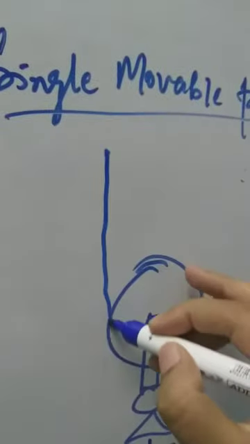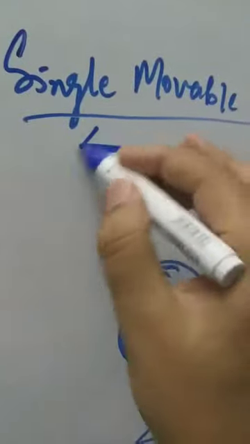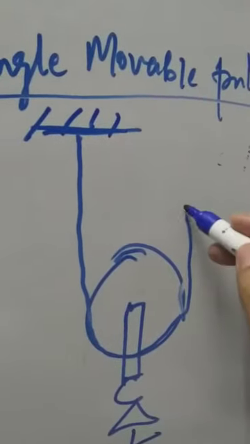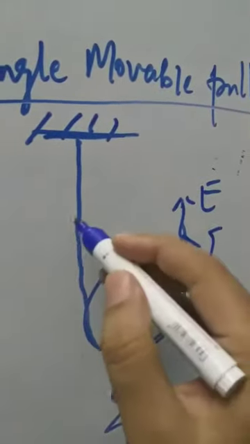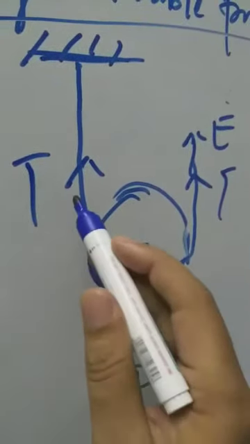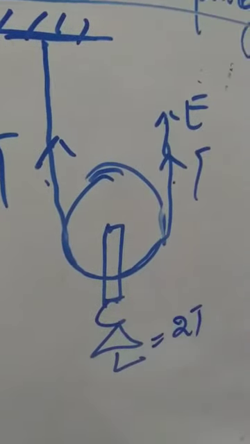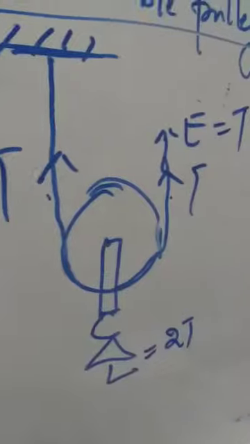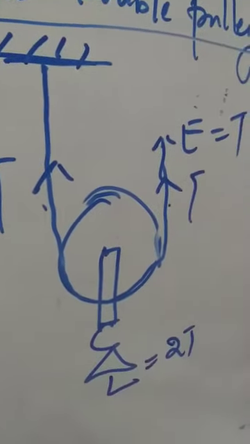A string passes over this pulley, and one end of the string is fixed, and at the other end we apply the effort. So in the direction of effort, the tension is T, and since the same string passes over it, it is T everywhere. Now the load is balanced by two strands of the string, so L will be equal to 2T, and effort will be equal to T, because it is balanced by one strand only.